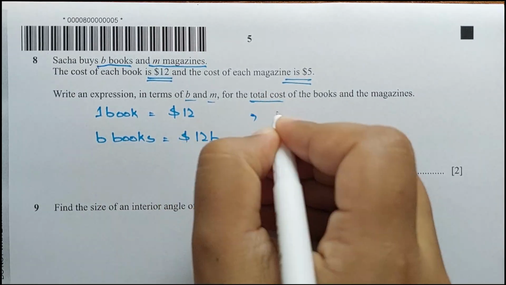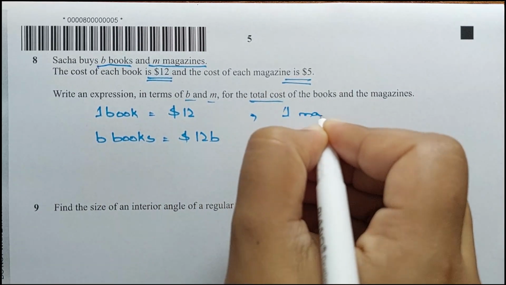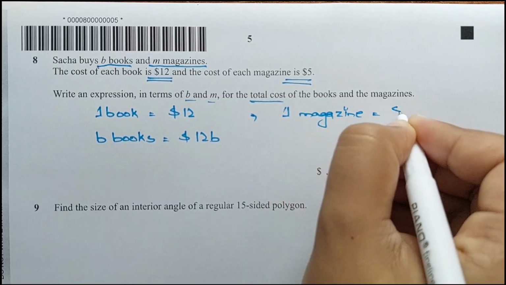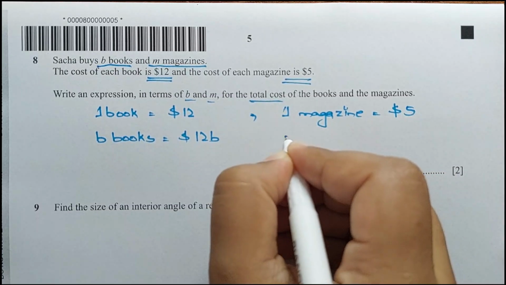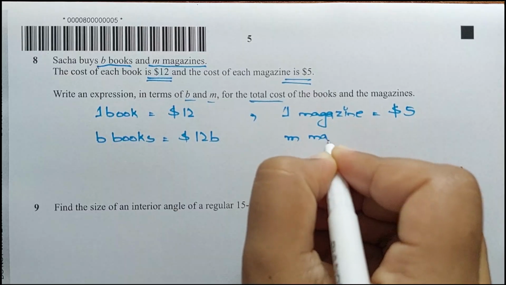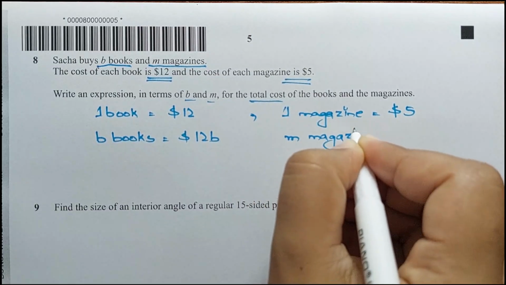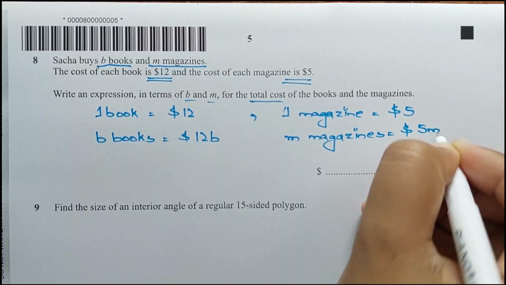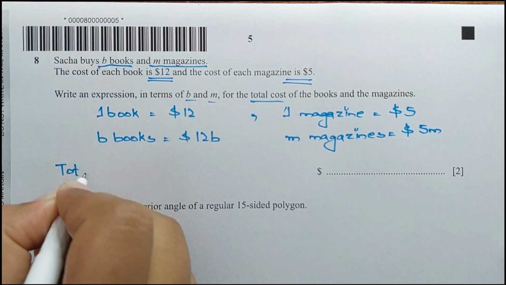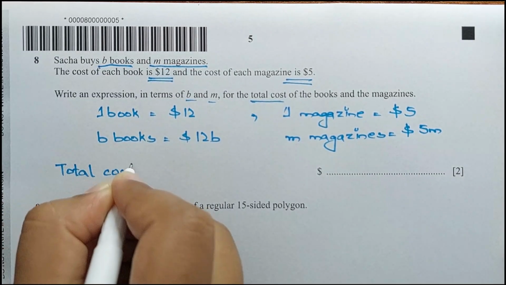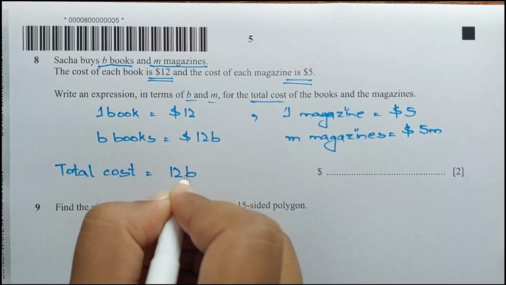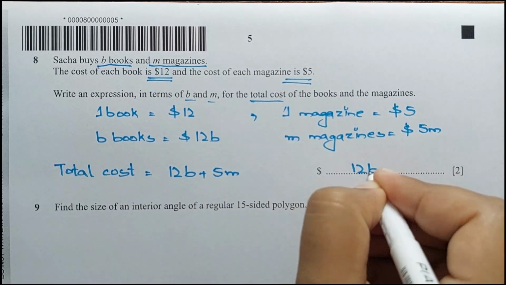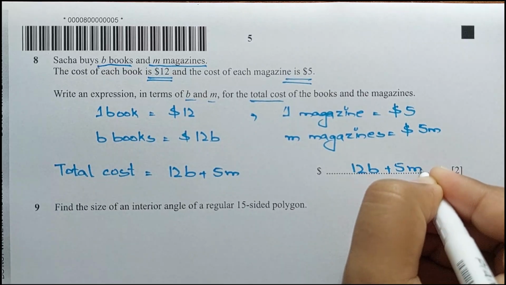Same, the cost of one magazine is $5, so the cost of M magazines becomes 5 times M dollars. So the total cost is a sum of 12B and 5M. So this would be the expression, 12B plus 5M.